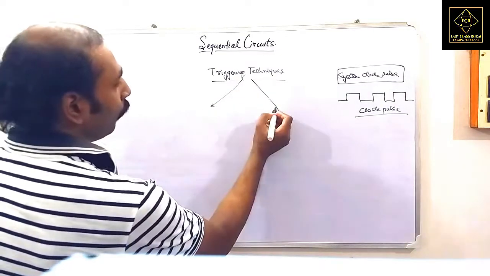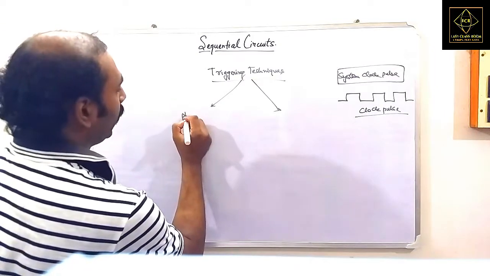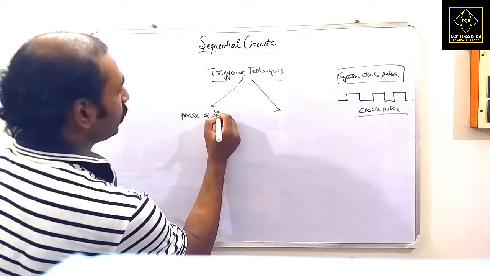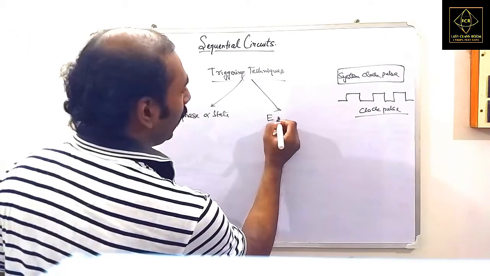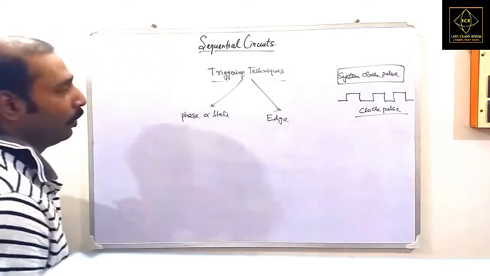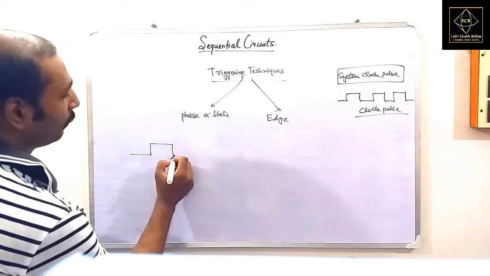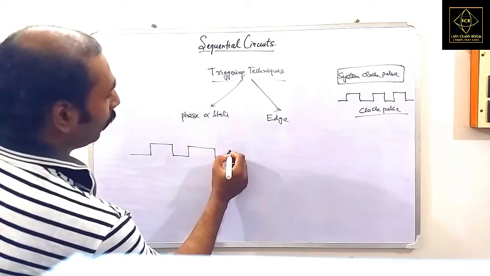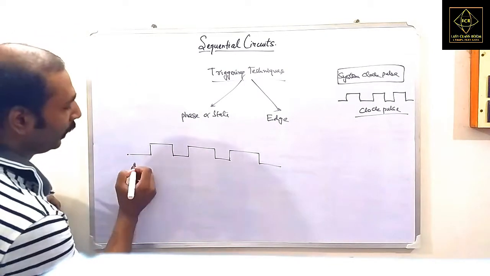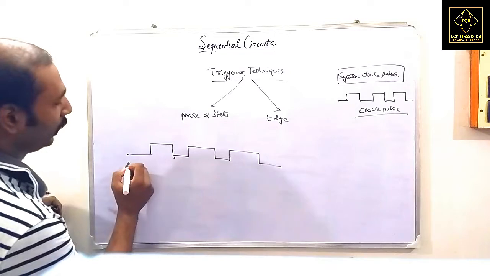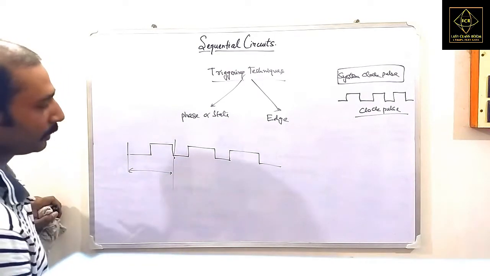One is what we call phase or state, and another is edge. Now, phase or state: say for example this is our clock pulse, and from here to here is one clock cycle.